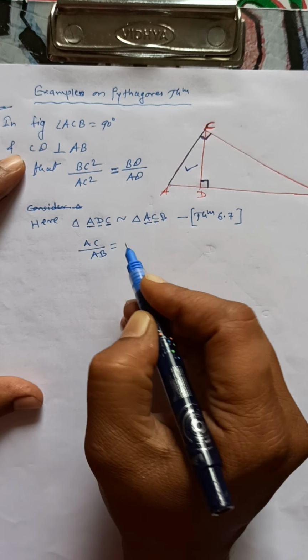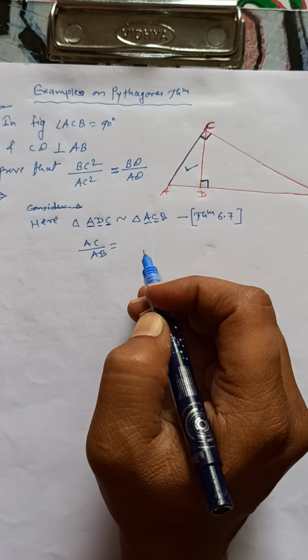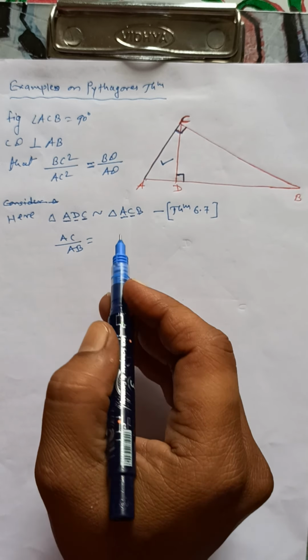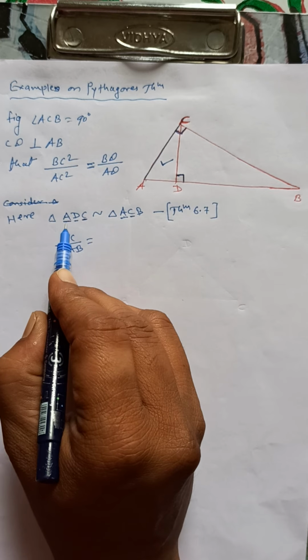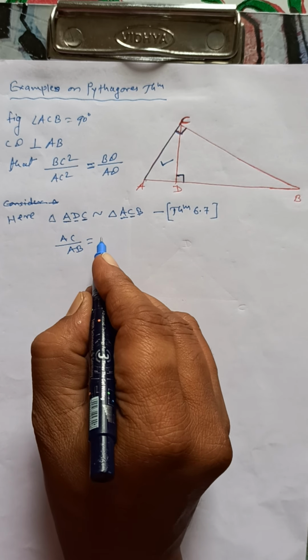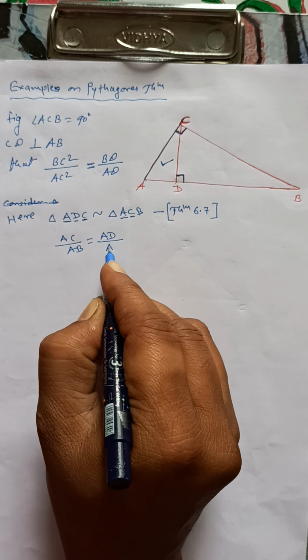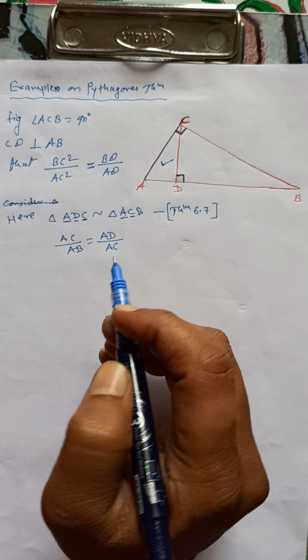AC upon AB is equal to, from the second triangle I want AC, so from the first triangle I will take AD. So AD first two upon second triangle AC.